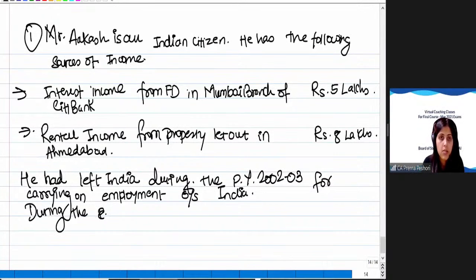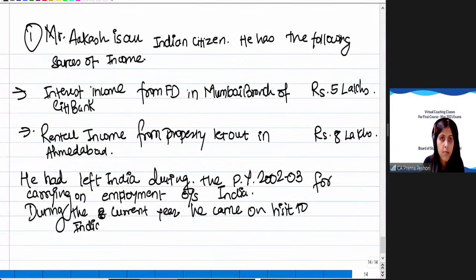During the current year, he came on a visit to India for 140 days.